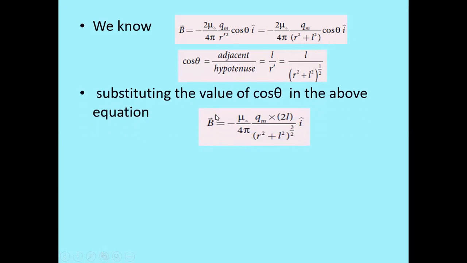So we get mu 0 by 4 pi Qm into 2L by (R square plus L square) the whole raised to 3 by 2. Already one R square plus L square is there, and due to cos theta another R square plus L square the whole raised to 1 by 2, so both can be written as R square plus L square the whole raised to 3 by 2 into I vector.